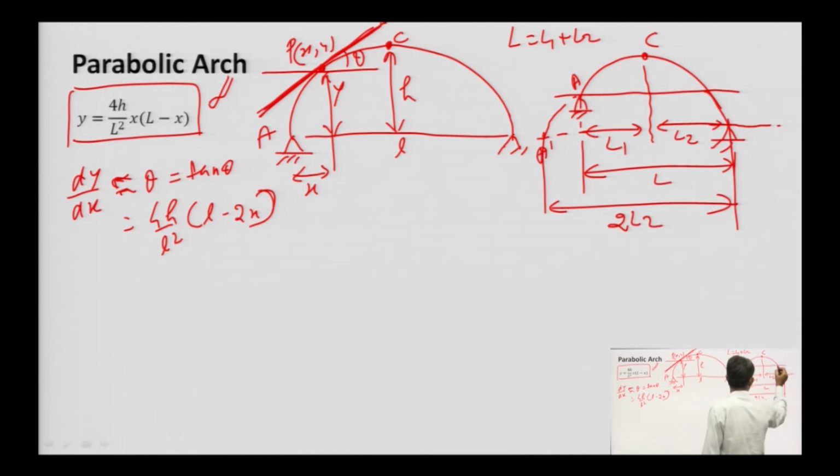And if this point is B, this point is B dash, and this distance is 2 L1.